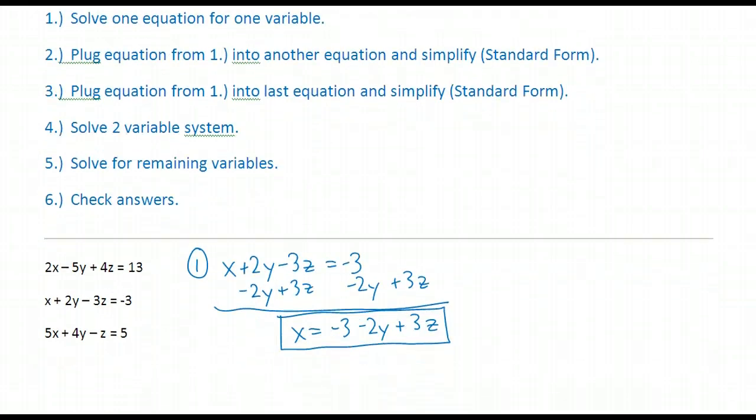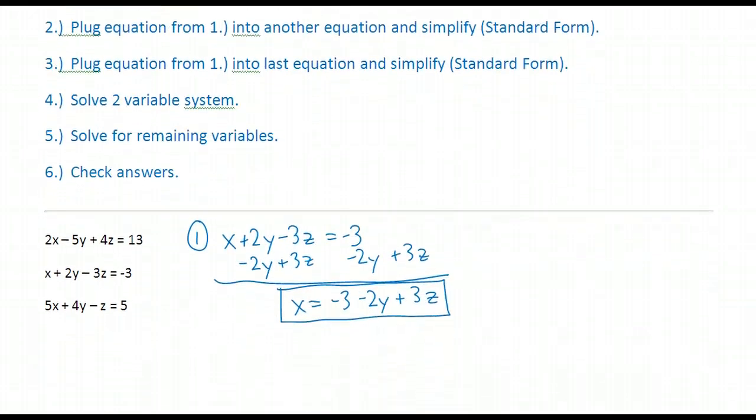Step 2. Plug that equation into another equation. So I'm going to pick one of the other equations and plug this equation for x into those equations. I don't want to plug x back into the equation that I've already used. I want to plug it into the other ones. So I'm going to start with the first equation.